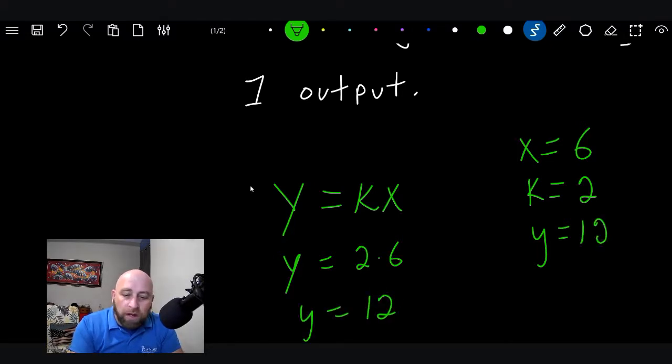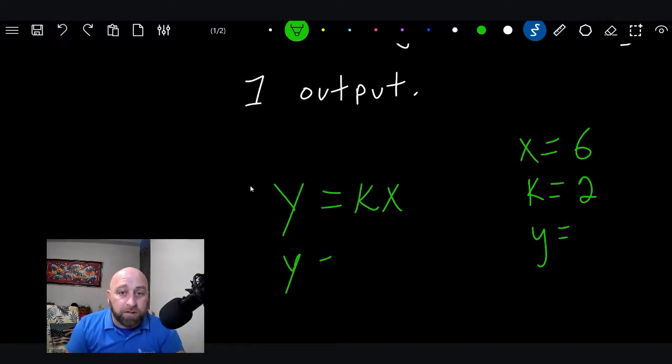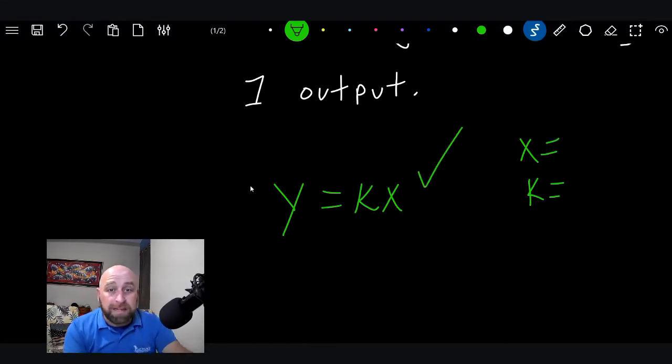We get one output, only one answer. For every input you put in, you get one output. Now, let me show it to you where it gives you two outputs. The one that I just did would be a function.